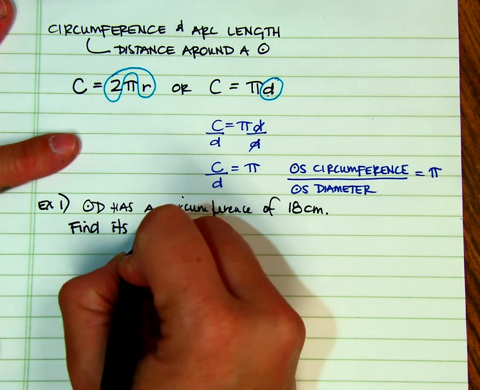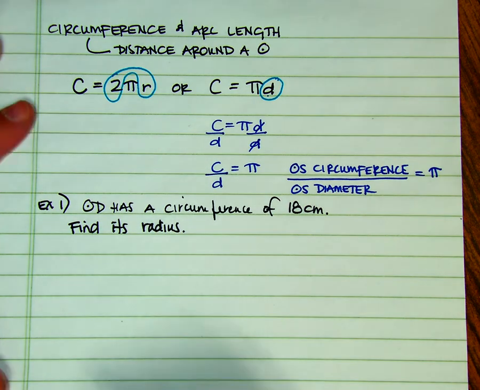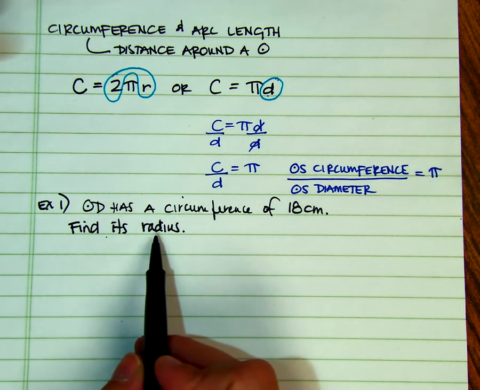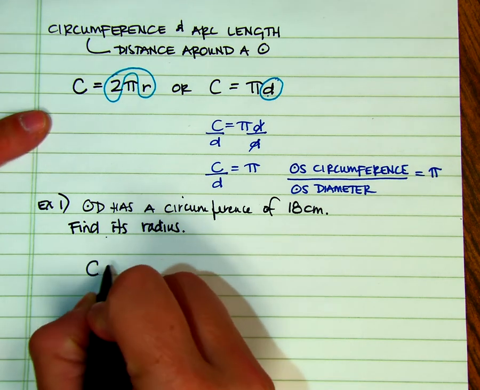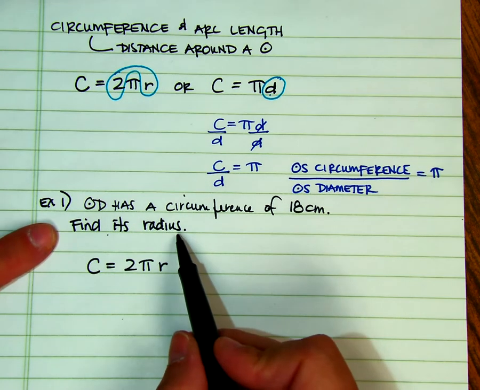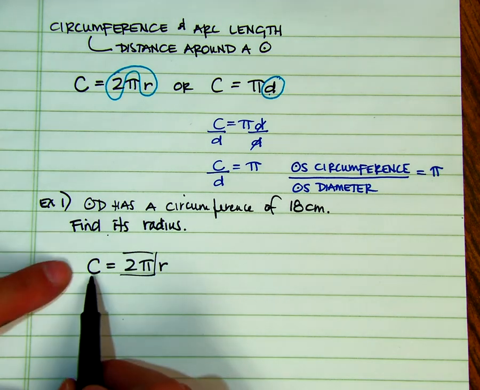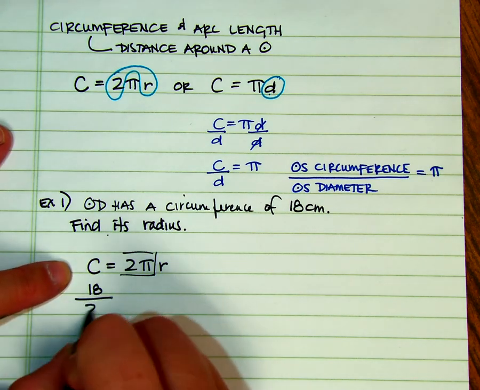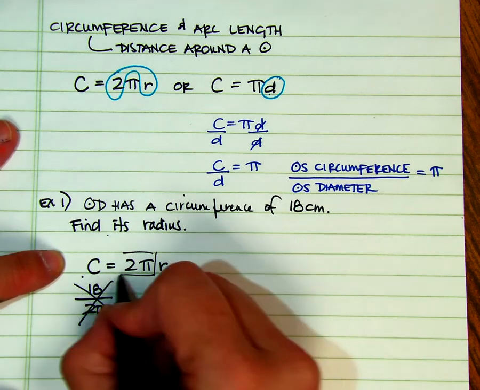Circle D has a circumference of 18 centimeters. Find its radius. So I'm going to use the 2 pi r. So the circumference equals 2 pi r. Solving for the radius, that means I need to divide by 2 pi. Let me start that over.